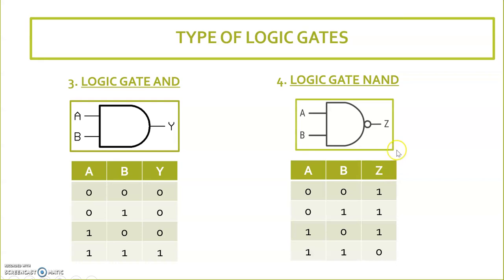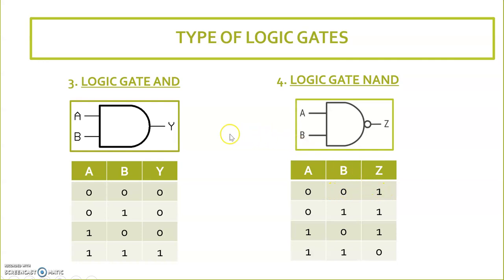The concept of NAND is actually the opposite of the one in AND. For example, when the input is 0, 0, the output is 1.